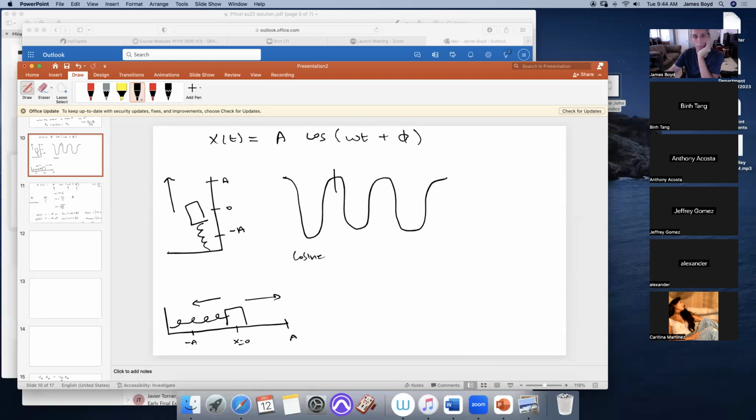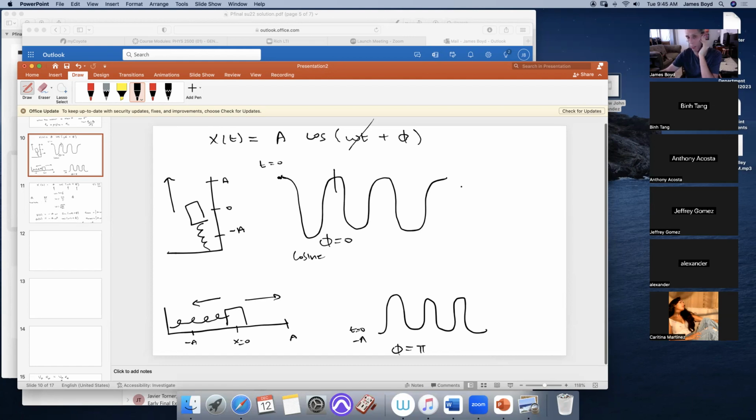This is a cosine wave that starts at A when time is 0. What if instead I wanted an upside down cosine wave, starting at t equals 0 at -A? If I let t be 0, the omega t term dies, and I get cosine of phi.